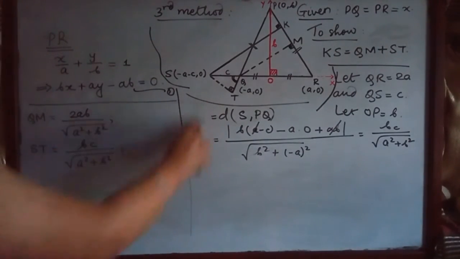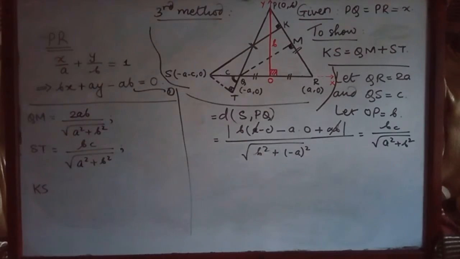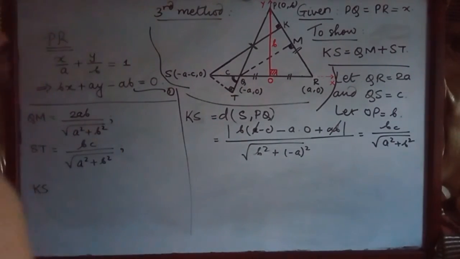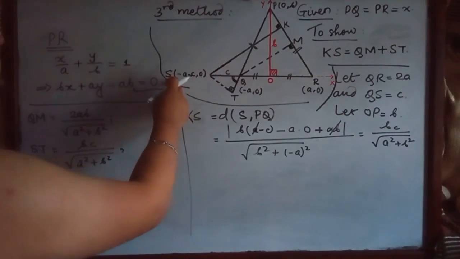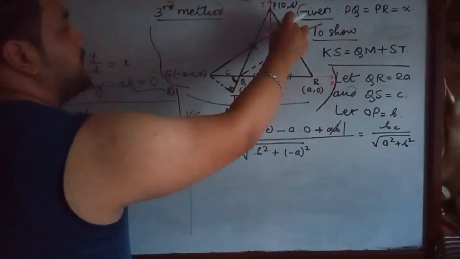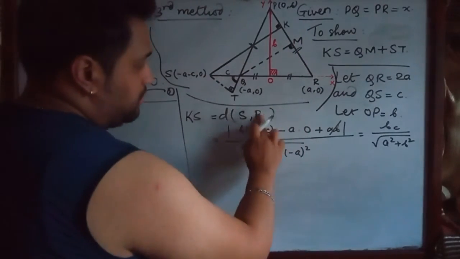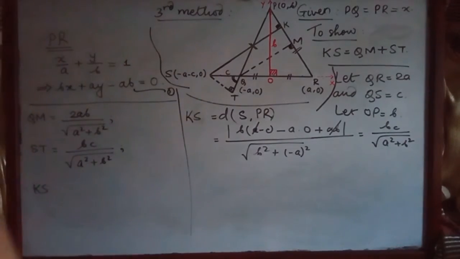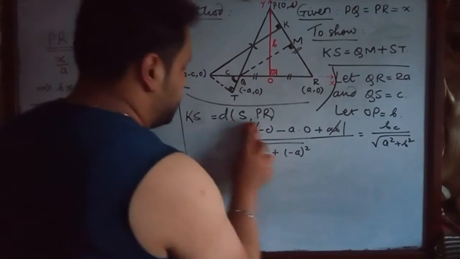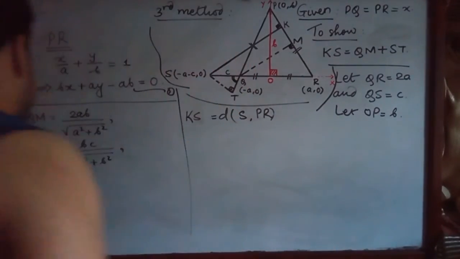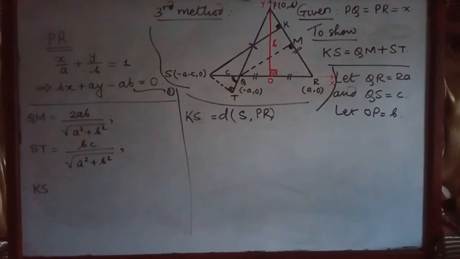So KS is equal to the distance between the point S and the line PR. Woof, it's getting kind of insane if you ask me.